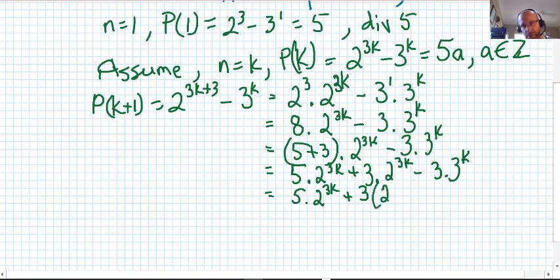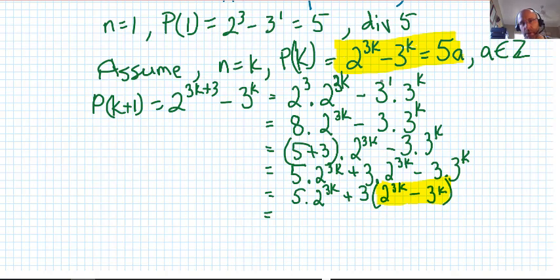So 3 outside of 2 to the 3k minus 3 to the k. Okay, so if we have a look above when we had our assumed n equals k, P of k equaled the value you can see there in yellow, which equaled in turn 5a, and we've generated that down on the latest line we've been working through there.